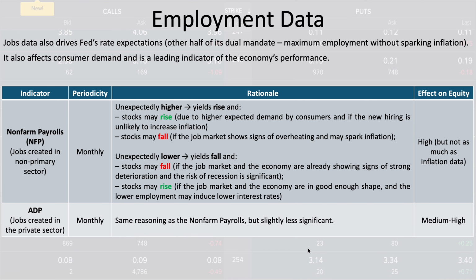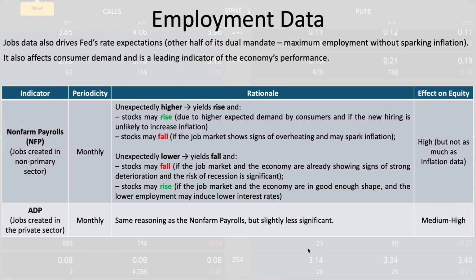But of course, if the job market is already showing signs of overheating, the unemployment rate is already too low, below what it should be in terms of not accelerating the inflation rate, it may spark inflation, and if that means the Fed may be forced to increase rates in the future, the stocks may fall.